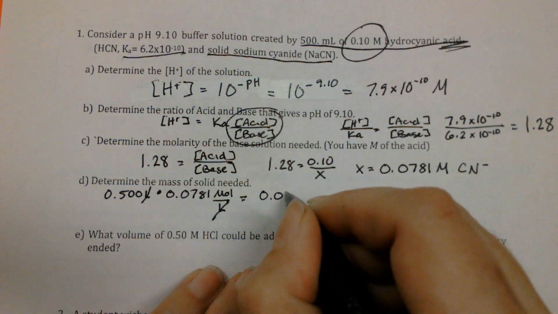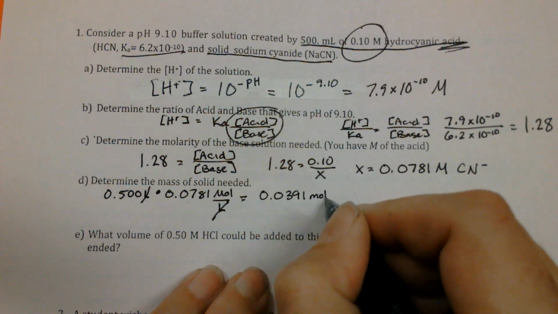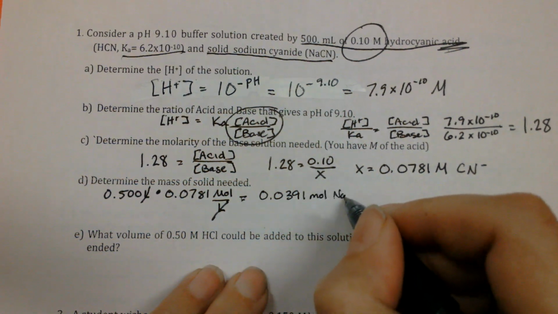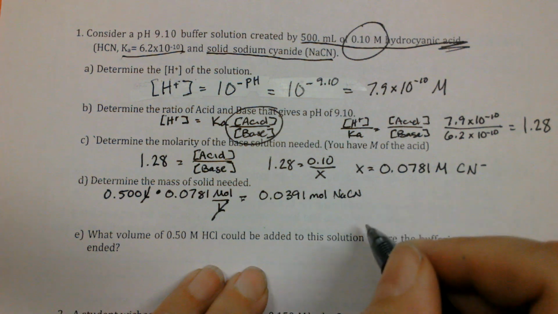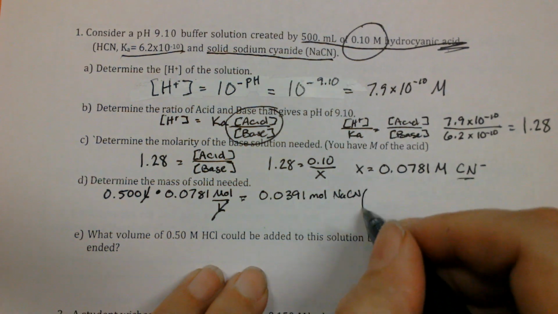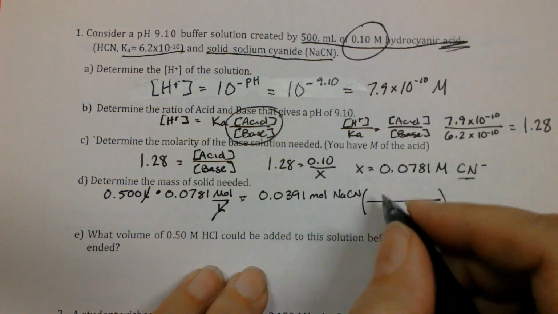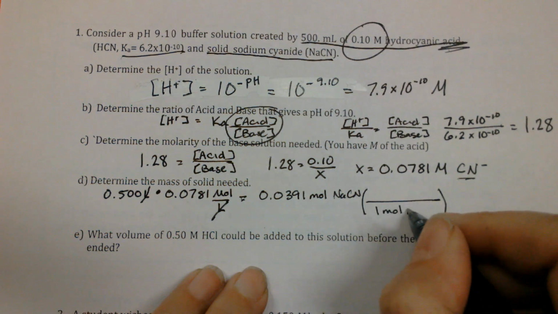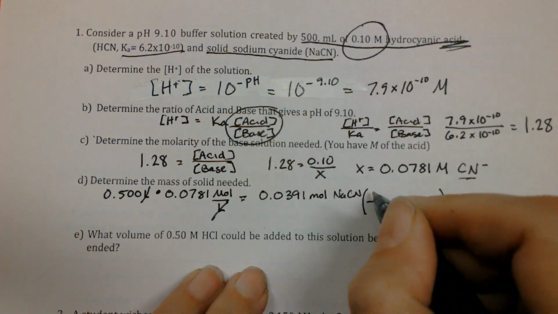I have 0.0391 moles of sodium cyanide because that's how I get CN minus ions. And at that point, I am assuming that you can add up the molar mass of sodium cyanide.